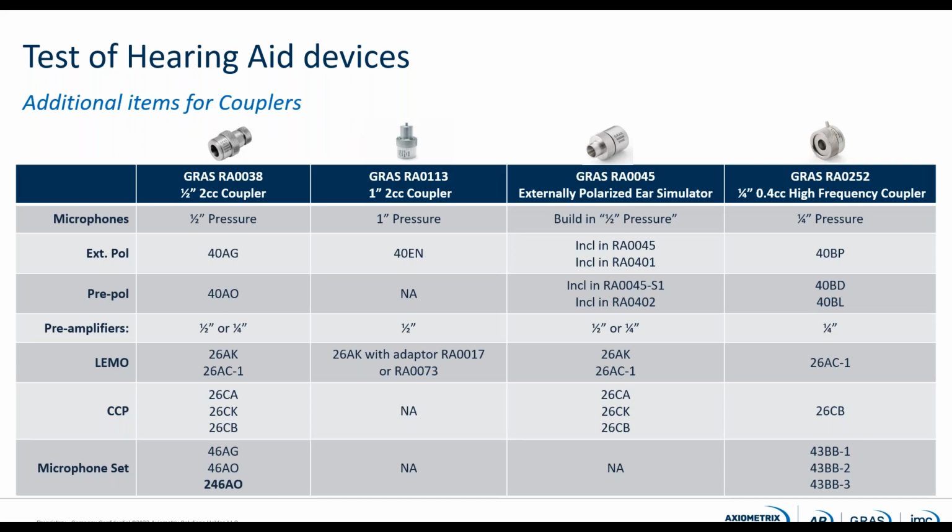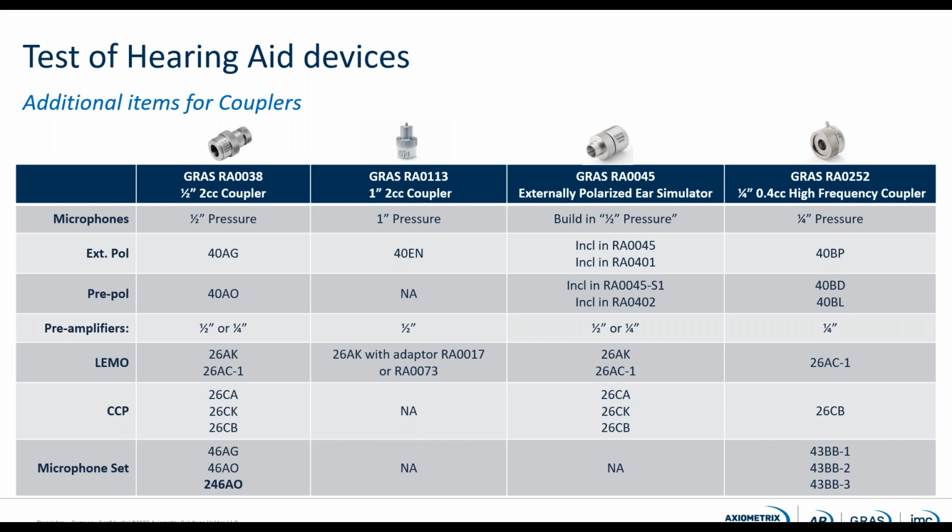The 2cc couplers and the 0.4 cubic centimeter couplers, as well as the occluded ear simulator, all of them need additional items before you can actually use them in your production line. The 2cc couplers need a microphone, and it can either be a 1/2 inch microphone or a 1 inch microphone.